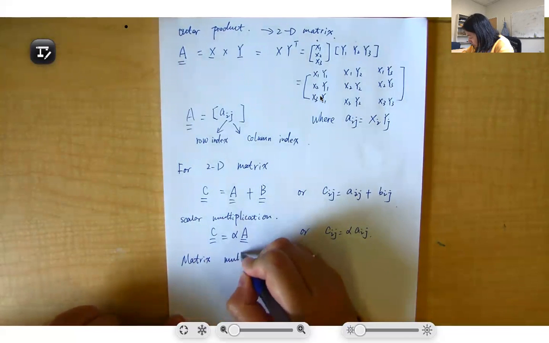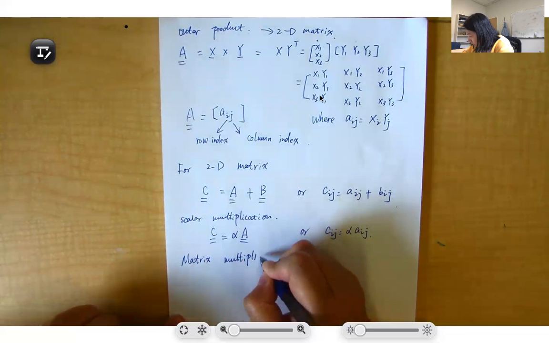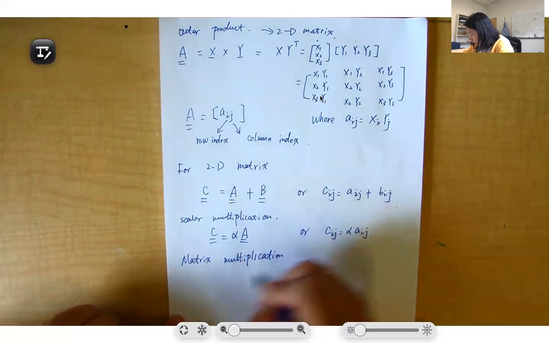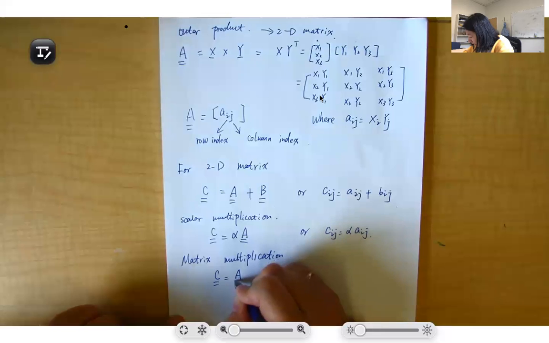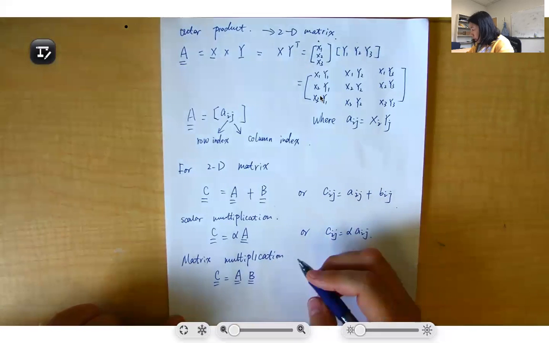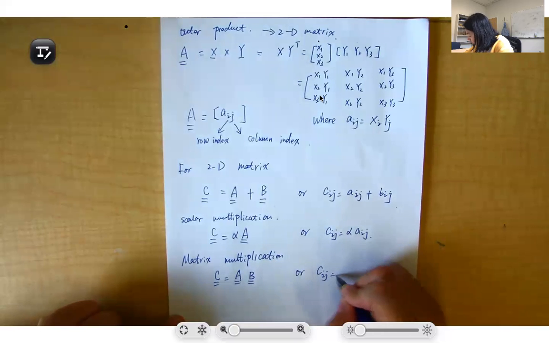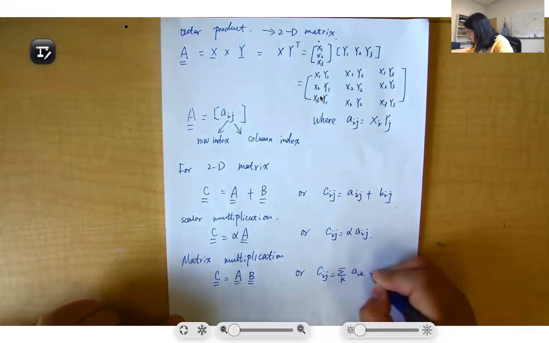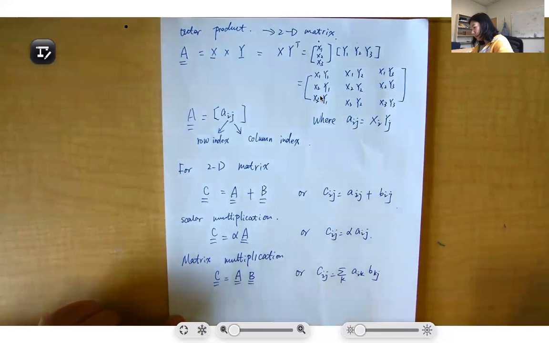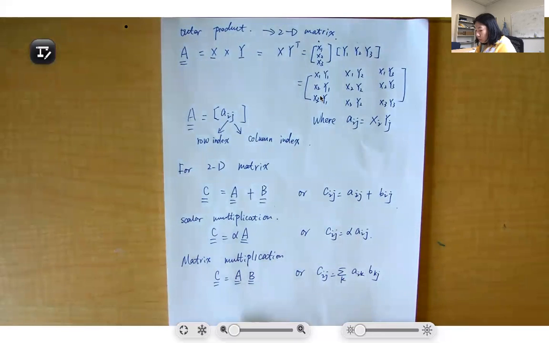multiplication, the C will be equal to A times B. Or you can write as Cij equals the sum of Aik, Bkj. And when you do the matrices multiplication, you have to make sure the dimensions of A and B are compliant to do the multiplication.